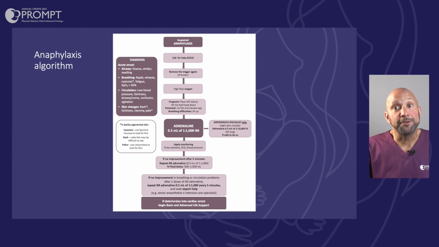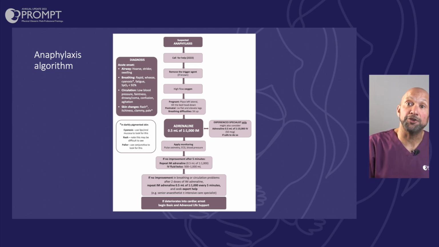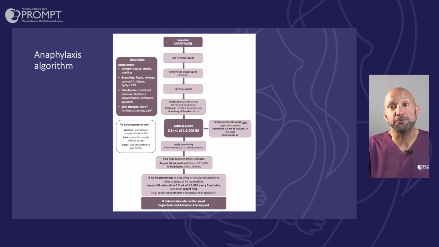If there's no improvement 5 minutes after that, you may be giving a further dose of IM adrenaline, but by this stage you really want to make sure that you have expert help coming along, because this woman may need to be transferred to a high dependency area and may need other supportive measures like an adrenaline infusion and things like that. But those sorts of measures are beyond the scope of this talk.